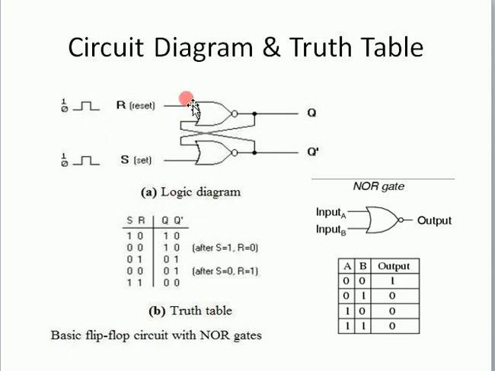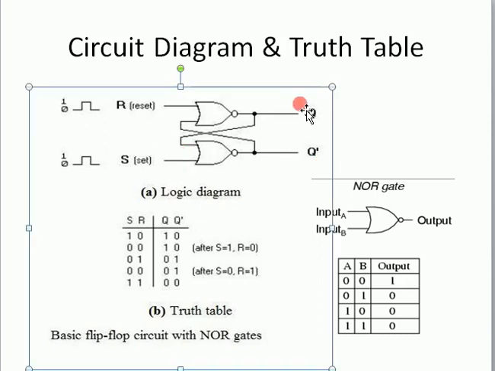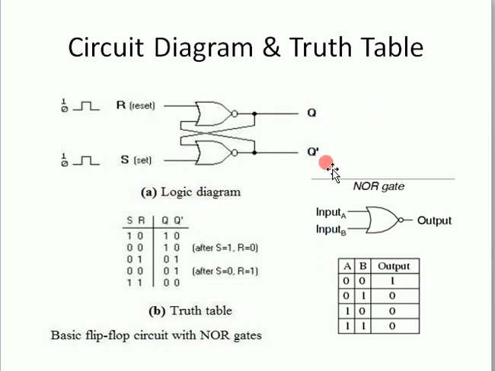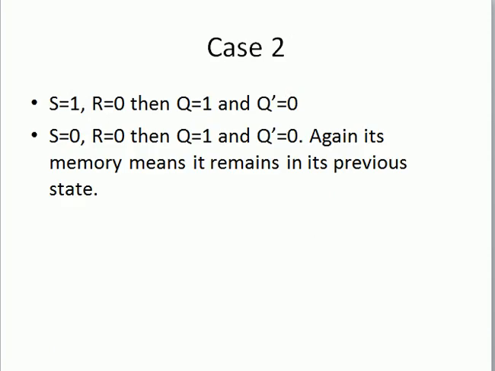So 1 comes here, so 0 1 is equal to 0. So Q is equal to 0 here. And this 0 also comes here, so 0 0 is equal to 1. So Q complement is equal to 1. Now Q is equal to 0 and Q complement is equal to 1. That is basically the previous state. So again it means it is a memory, so it remains in its previous state.